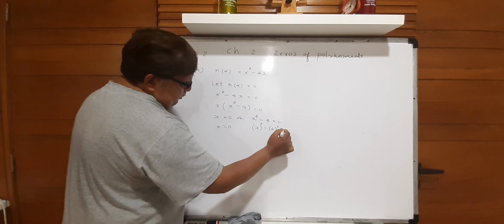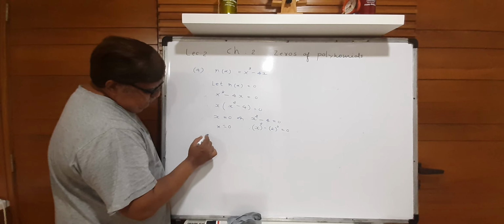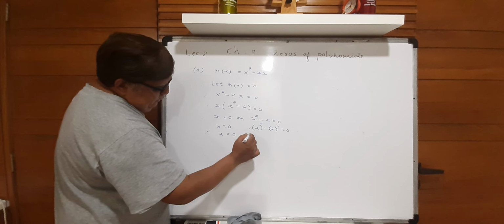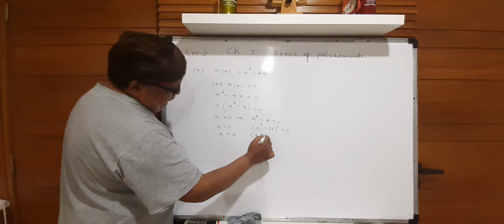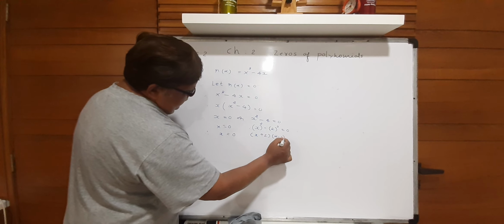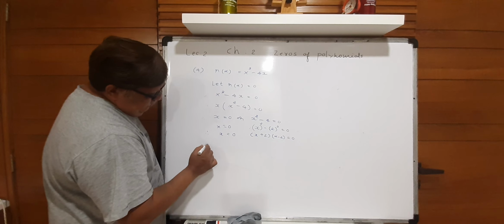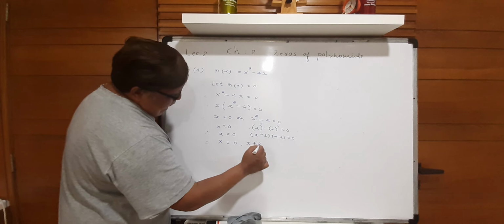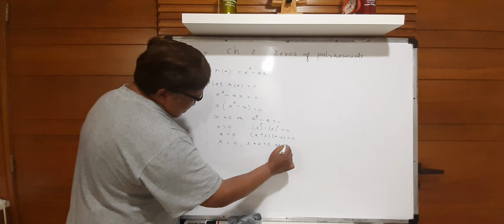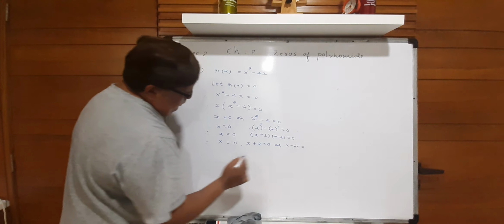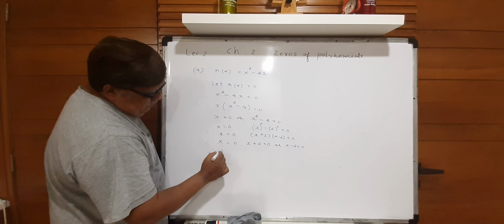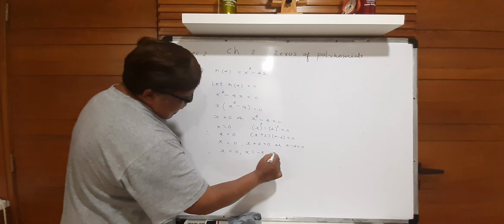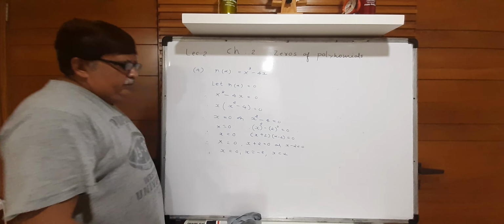x square minus 2 whole square equal to 0. Okay. x equal to 0, and here (x plus 2)(x minus 2) equal to 0. x equal to 0 we keep here, then x plus 2 equal to 0 or x minus 2 equal to 0. Therefore x equal to 0, x equal to minus 2, x equal to 2.